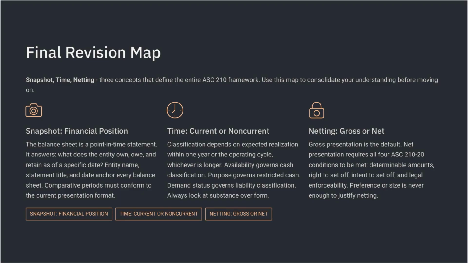Time means assets and liabilities are classified as current or non-current based on expected realization, use, restriction, purpose, or settlement. Netting means gross presentation is the default and net presentation requires all ASC 210-20 right of setoff conditions. When a question feels confusing, return to these three words. They will usually lead you back to the correct logic.